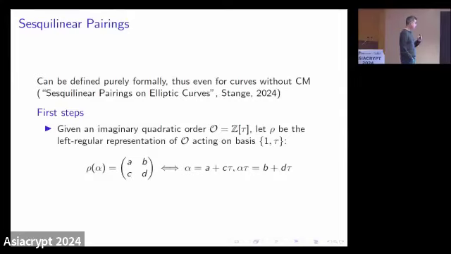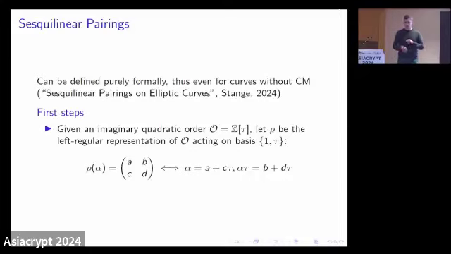Okay, so I want to switch now to introducing a little bit about sesquilinear pairings. I should note that these can be defined purely formally, even for curves without CM. You can find all the details in the arXiv preprint, Sesquilinear pairings on elliptic curves, by Stange.